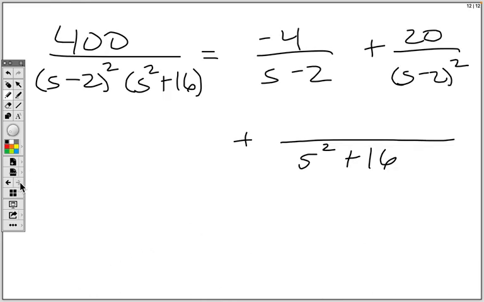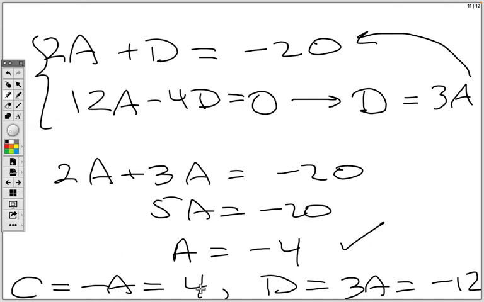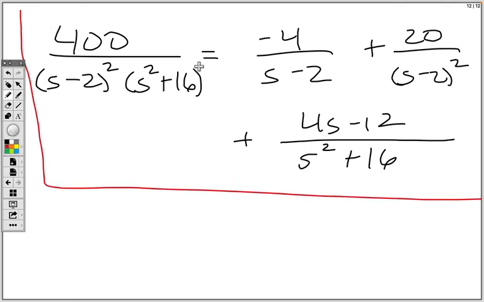Oops, where did it go? I lost it. c is 4, so 4s minus 12. All right, so that's the first partial fraction decomposition done.